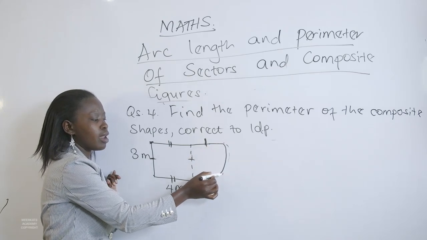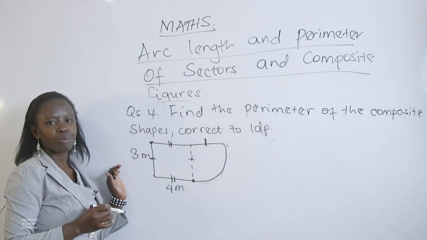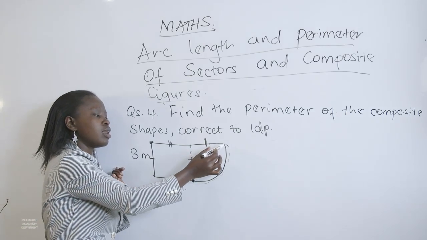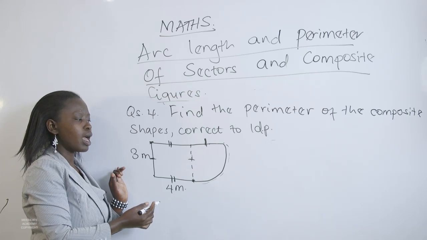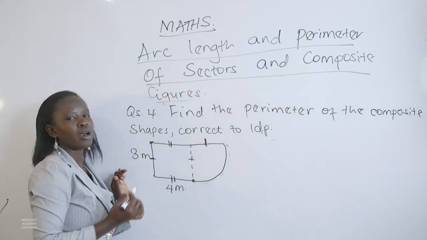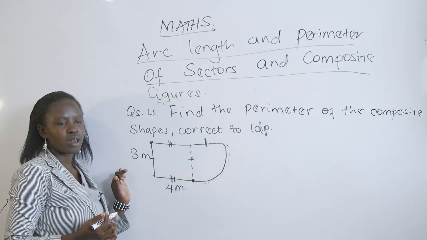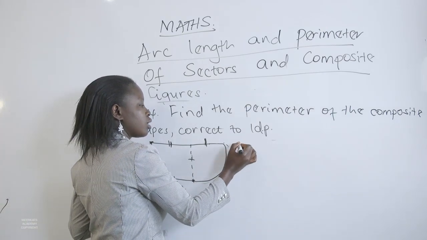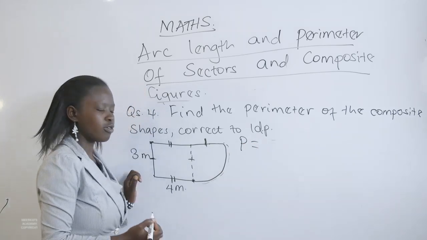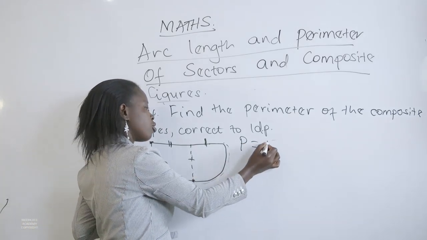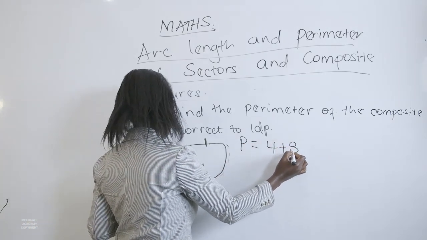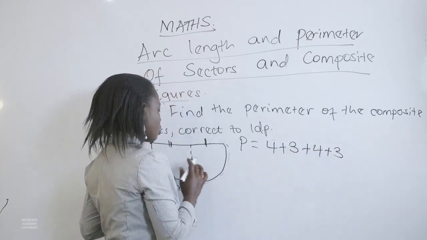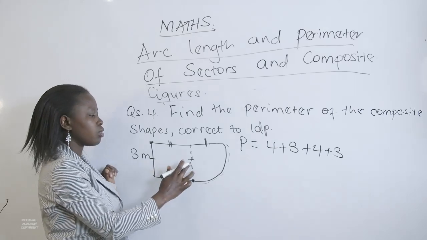Then this is an arc. So it means we have to get the length of this given arc, then add it to the value that we've obtained. So to get the perimeter of this given figure, we have 4 plus 3 plus 4 plus 3, because we are saying that this length and this one are equal.